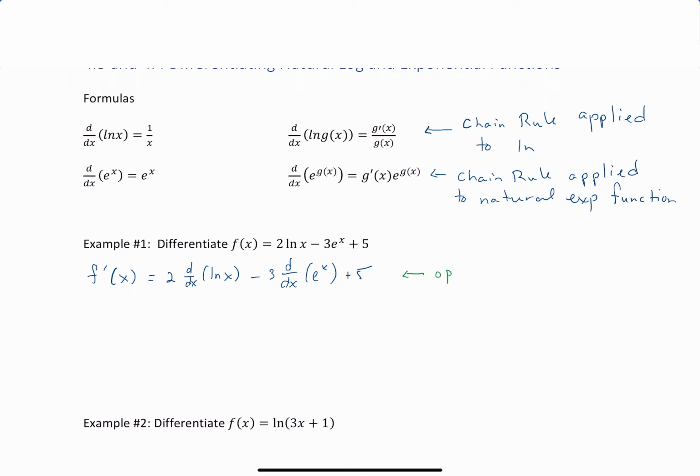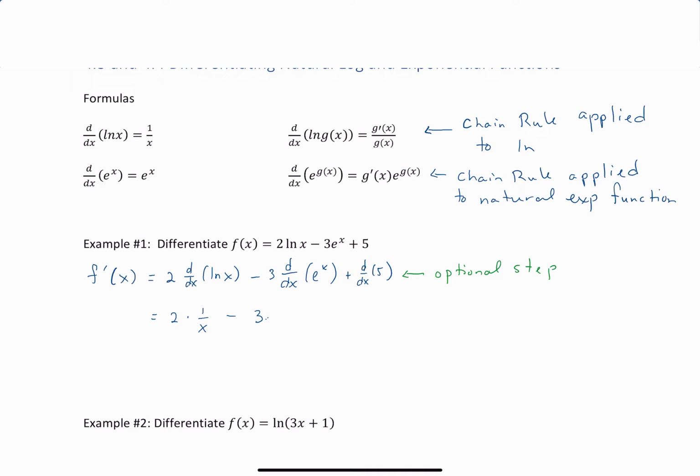This is an optional step. I just wanted to put it in so that I'm hoping the notes will make more sense. Now using our formulas, the derivative of the natural log of x is 1 over x. So I replace d dx of ln of x with 1 over x, because that's what it is. And then I forgot to put in over here that we're also differentiating the 5.